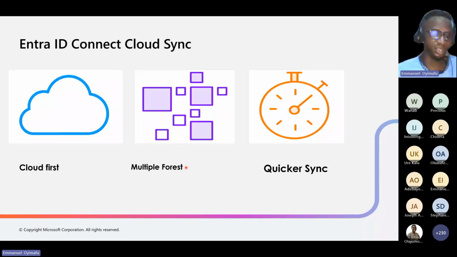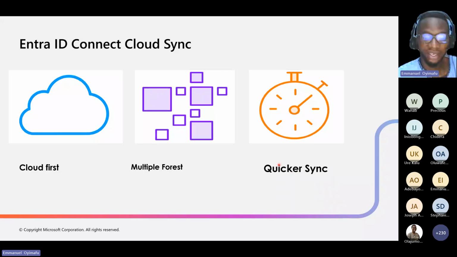With AD Connect, if you are installing it in an environment with different forests and you want to sync users in those forests, there has to be network connectivity between those forests. But Cloud Sync works on disconnected forests, just like we have here, multiple forests. All these forests are not connected to each other, but they can sync to the same tenant in the cloud using Cloud Sync.